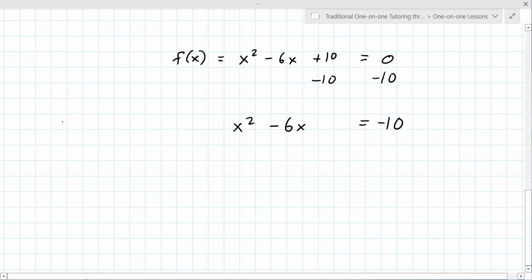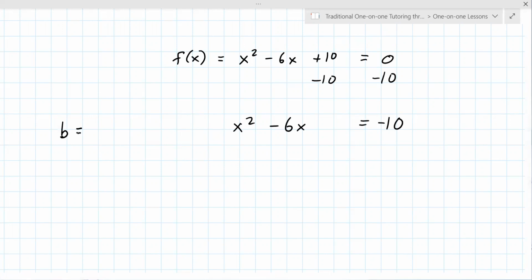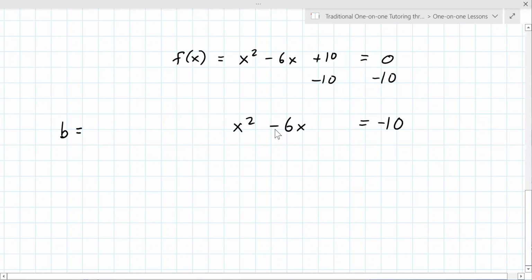You next need to identify the b value. The b value is the number in front of x, including the operator, the plus or the minus, whichever it is. So what is the b value in this problem? It includes the operator. -6, yeah.